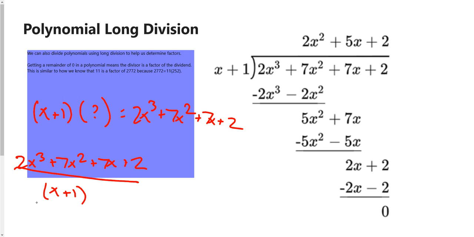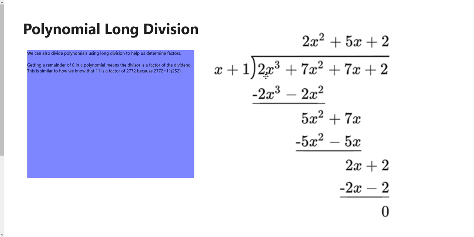So the first question is, we look at the first term, 2x to the third. The very first thing that we're going to do is divide by x. So step 1 is we divide the first term by the x term of the divisor. 2x to the third divided by x gets us 2x squared.